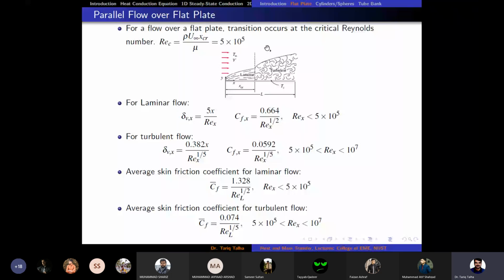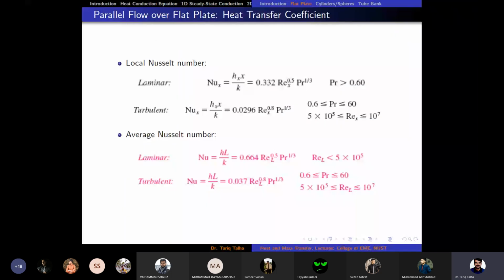But what if the flat plate length is such that half of the length the flow was laminar and half was turbulent, or the laminar flow is more than 10% or 20% of the whole length? Then we cannot use only the formula for laminar or entirely the formula for turbulent.